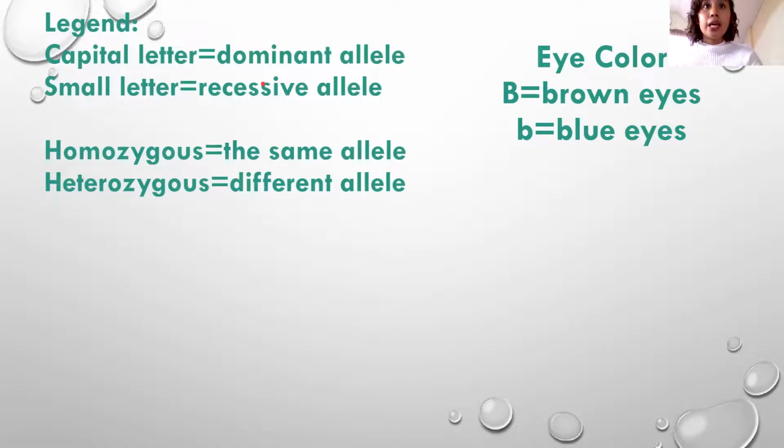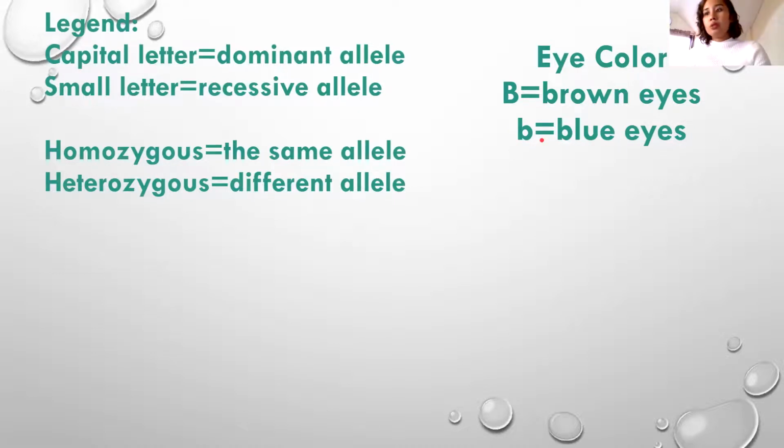It's a dominant gene. Brown eyes is a dominant gene. By just looking at the capital B, you know that brown eyes is the dominant allele. And since the blue eyes is a small letter, it is a small letter b.